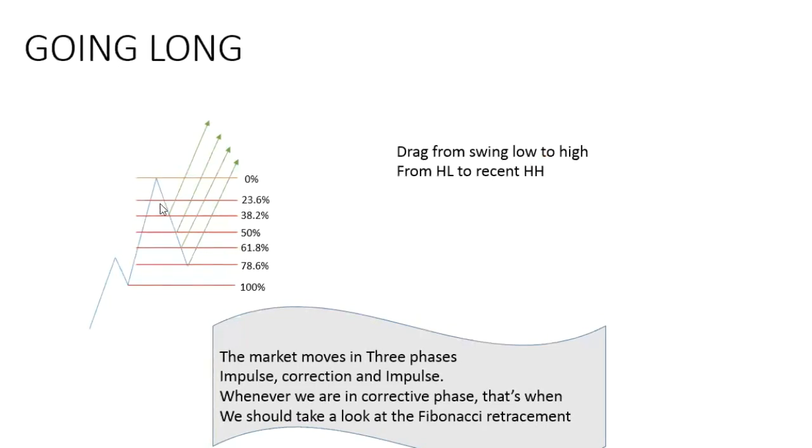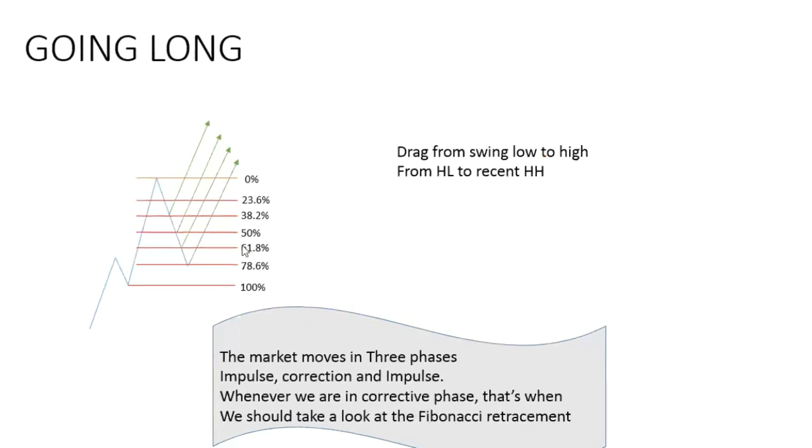So now price is moving downwards. What we're seeking is a potential reversal whereby it's going to continue going, because we know it's an uptrend. It has to go up. But now it's retracing, and the retracement is going downwards. So we take our Fibonacci, I'll show you how to do all of that, and we drag it from the higher low to the higher high.